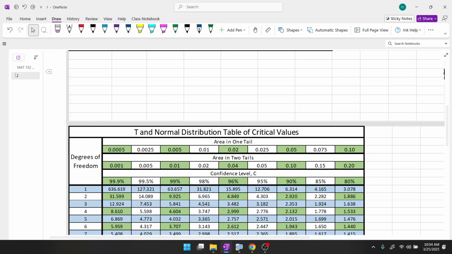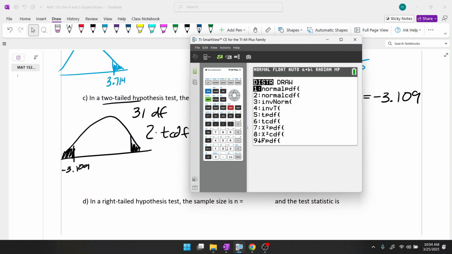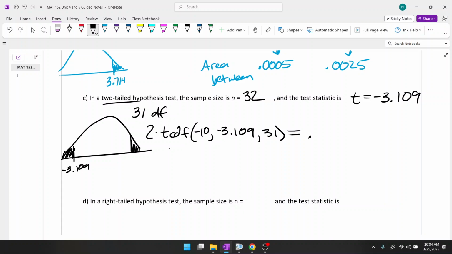So if we figure out what the actual p-value is going to be for this, negative 10 to negative 3.109 with 31 degrees of freedom, we get 0.0040.